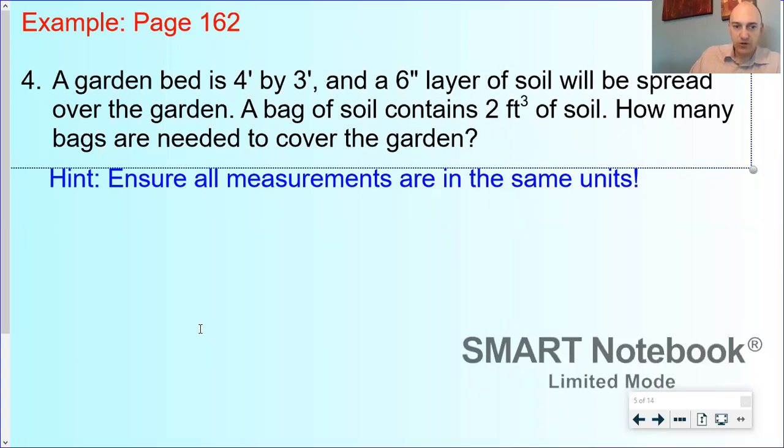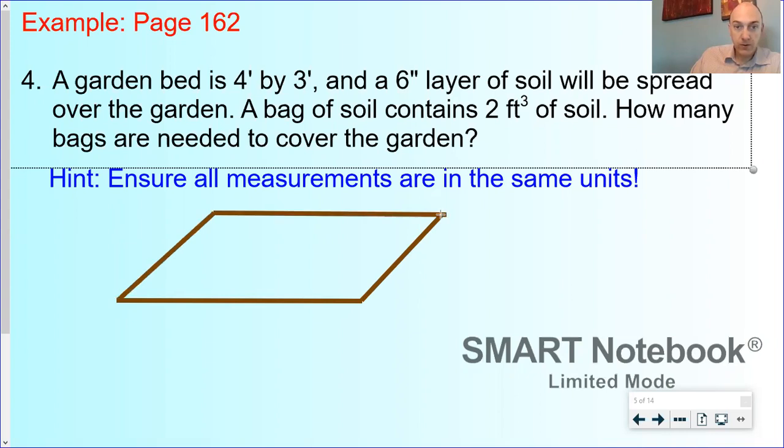Let's start again by drawing a diagram and see how this works. So we've got, here, let's make it brown because it's going to be soil. So we've got this plot, which is 4 feet by 3 feet. So this is 4.